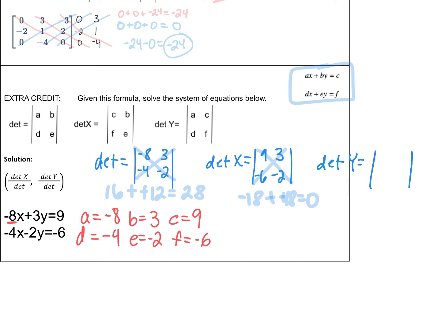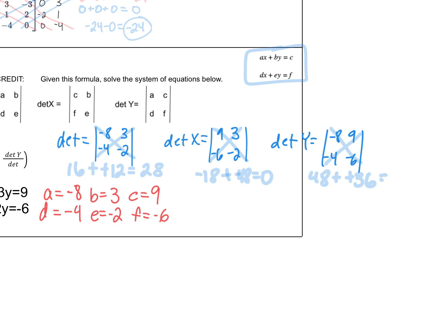We plug in A, C, D, F, so -8, 9, -4, -6. Start in the top left corner, -8 times -6, minus -4 times 9, -36, and 48 minus -36 is gonna be 84.